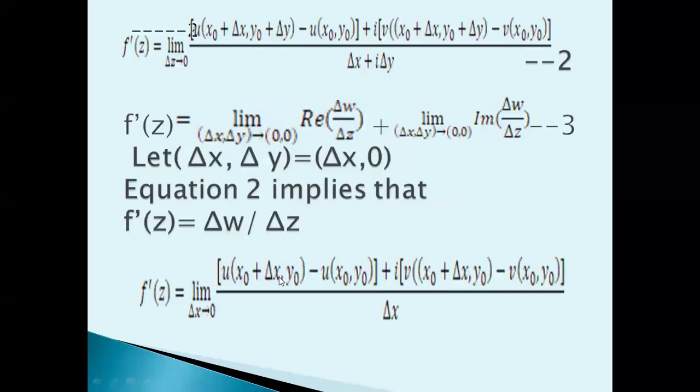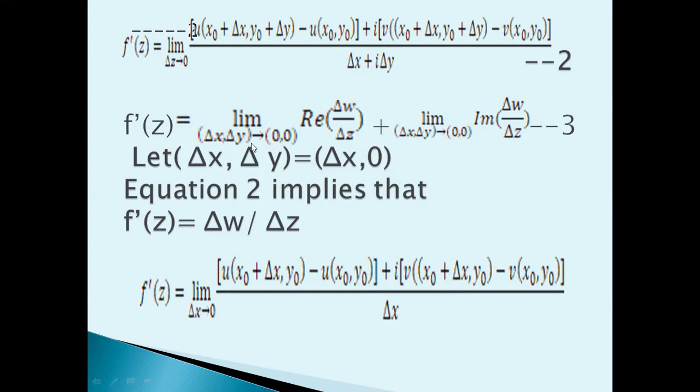Next, we see f dash of z. The numerator part is del w, the previous part we have, and the denominator is del z, where del z means del x plus i into del y.